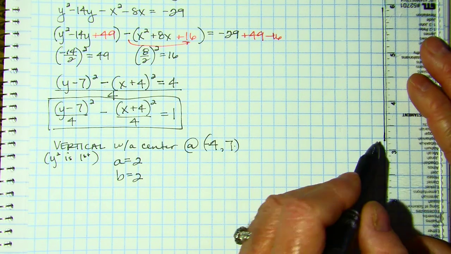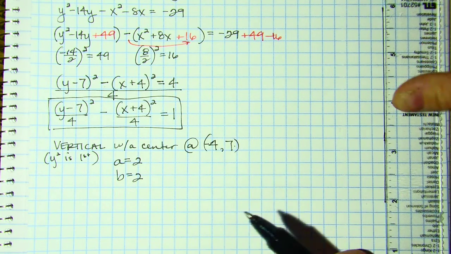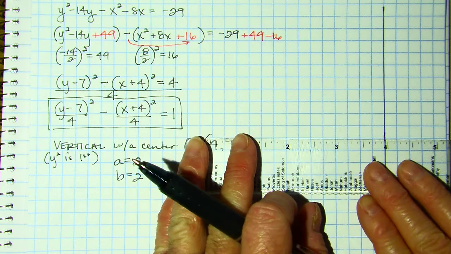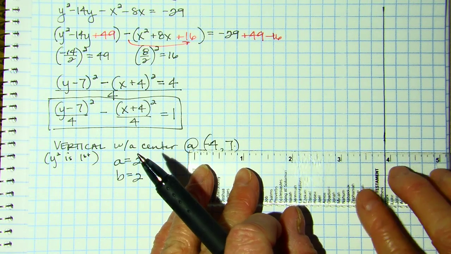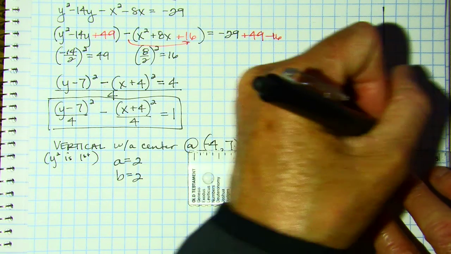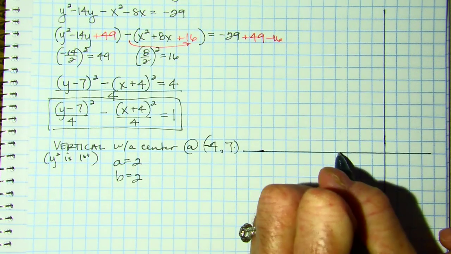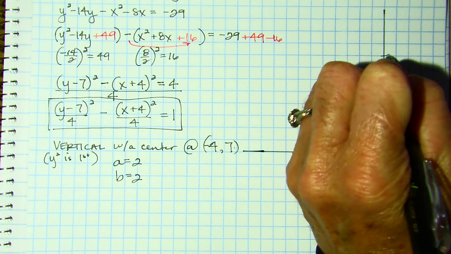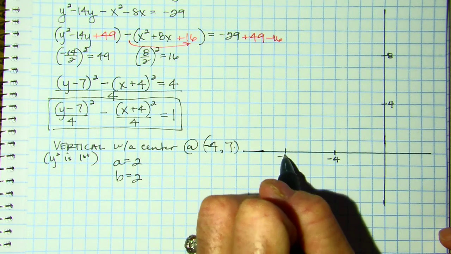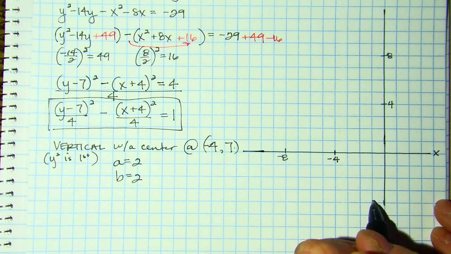Thankfully, I caught that. All right, so here is negative 4, positive 4, positive 8, negative 8, x, y.